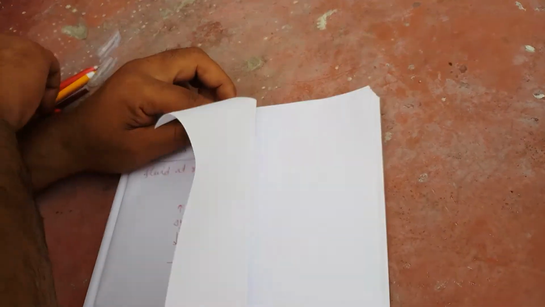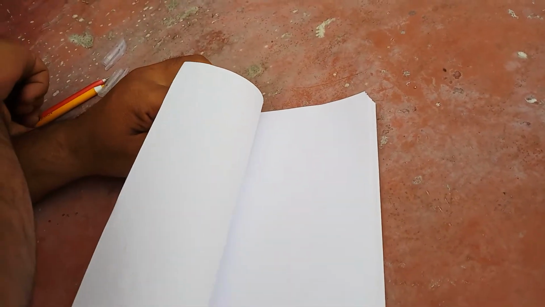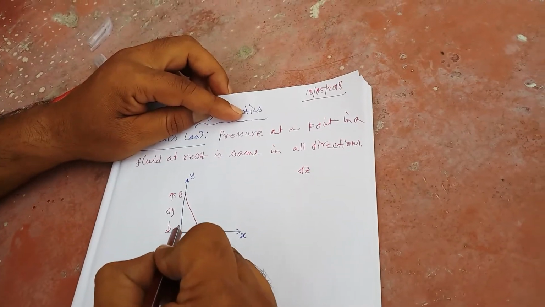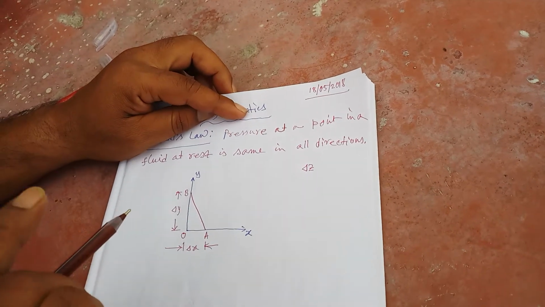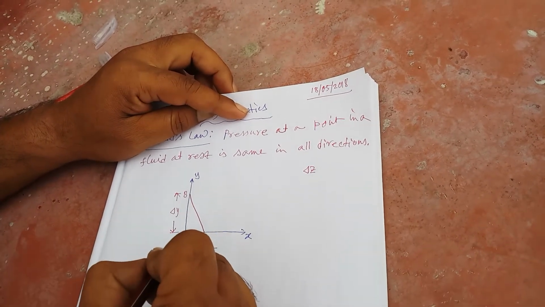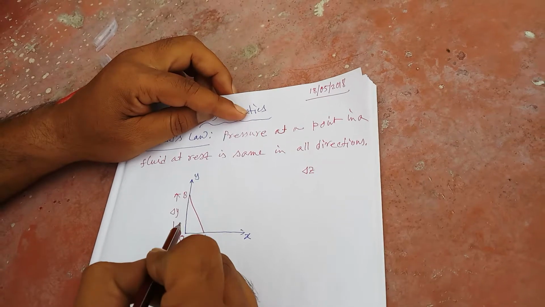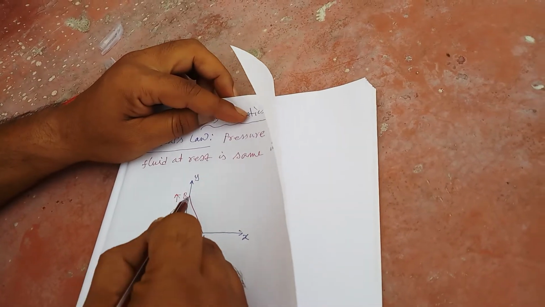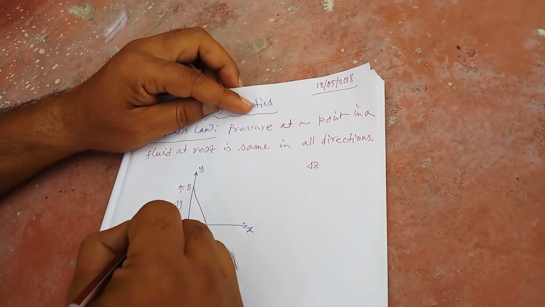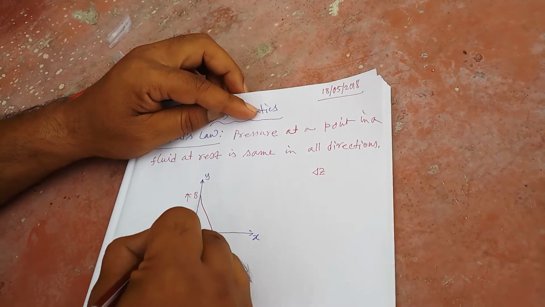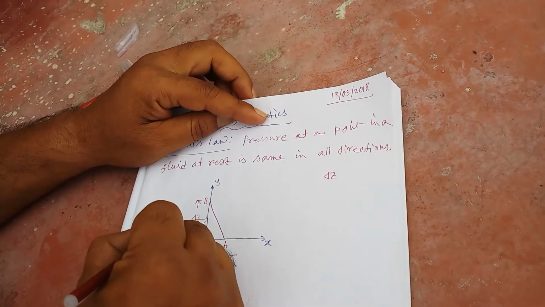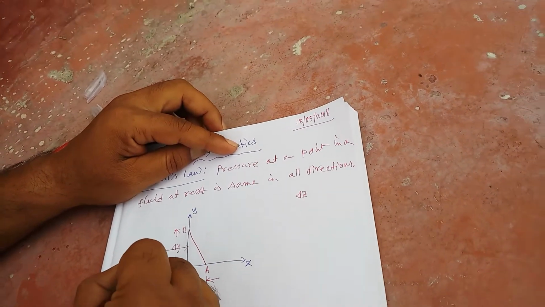Now you consider that on the edge OB there is one area. Thickness was taken to be delta z, so you will get one rectangular area on OB. Suppose on that area the pressure is uniform and it is denoted by P suffix x.